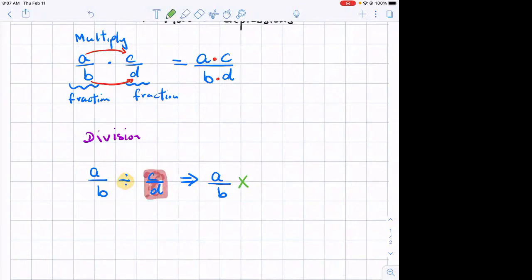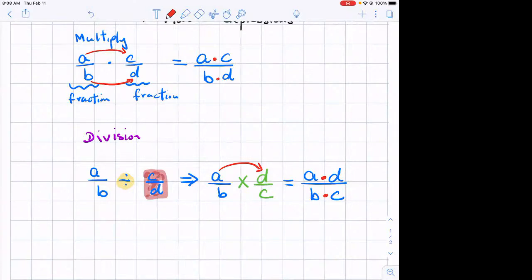So this becomes D over C. And then we can multiply. So we have A times D divided by B times C. And that's also a multiplication that we've done there. So we can't really perform division unless we convert it to a multiplication. So those are the two general ideas that we will use for this lesson.